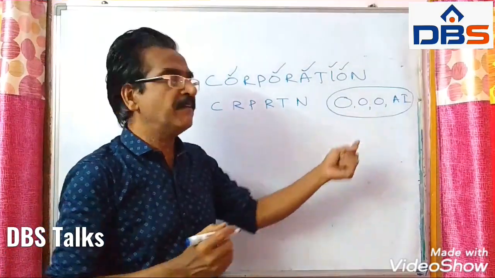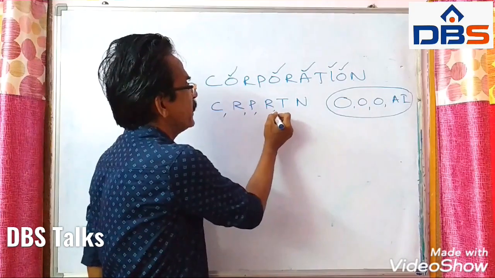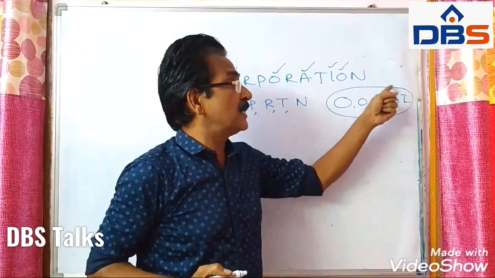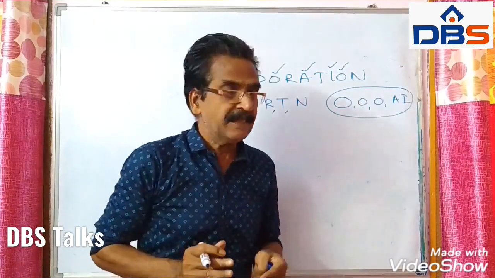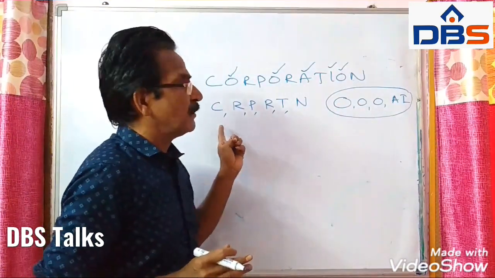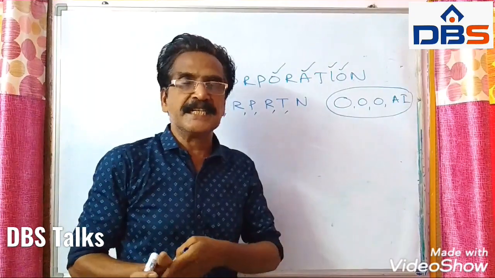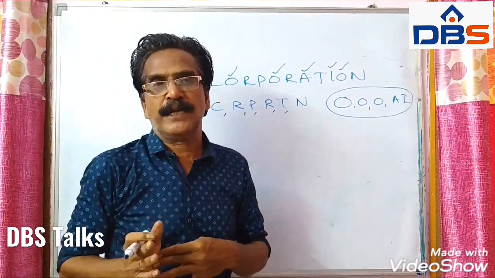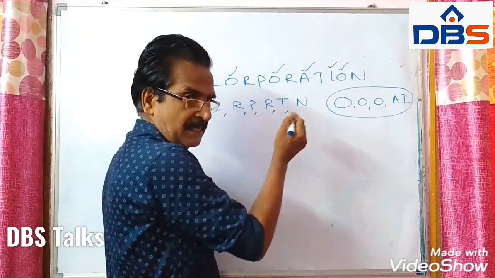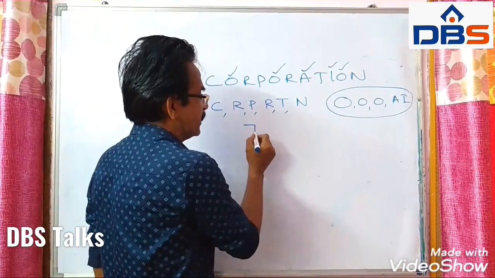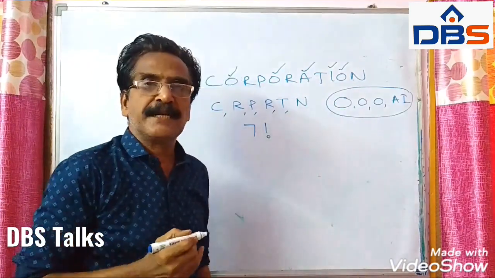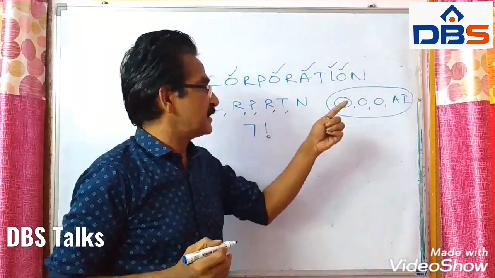So now, in how many ways can we arrange this? Let us take all these 5 vowels as one unit, and the remaining 6 consonants as 6 units. In total we have 7 units. These 7 units can be permuted in 7 factorial ways.